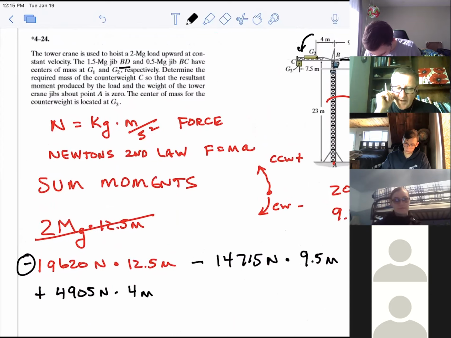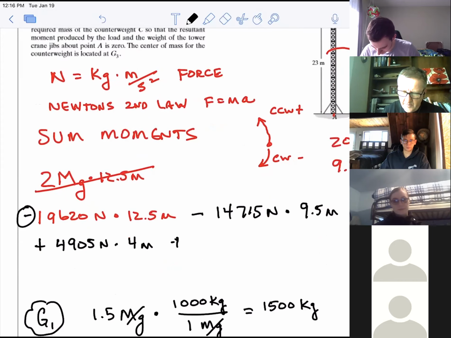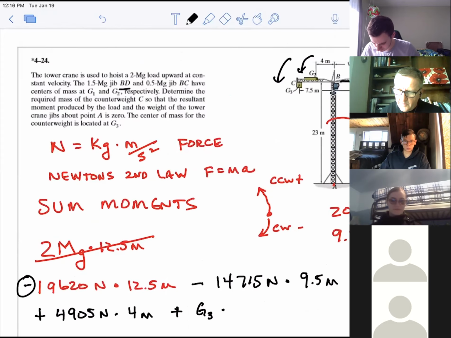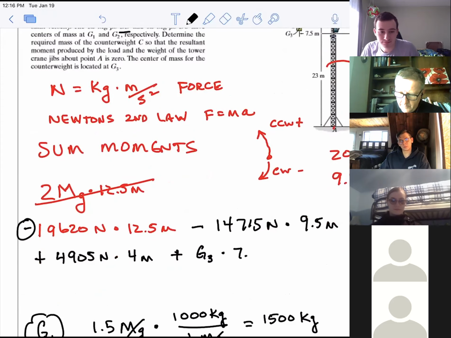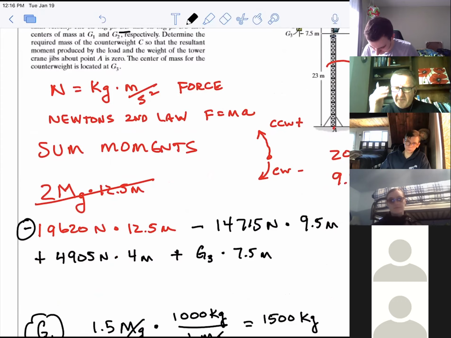Determine the required mass of the counterweight, C. Oh, we don't know that one. And that makes sense. It's just like the last problem. In other words, we don't want this thing to fall down, right? So we don't know what G3 is, but we do know its distance at 7.5. And we also know that it wants to rotate positively. So couldn't I say plus G3 times 7.5? Now, what about the 9.81?